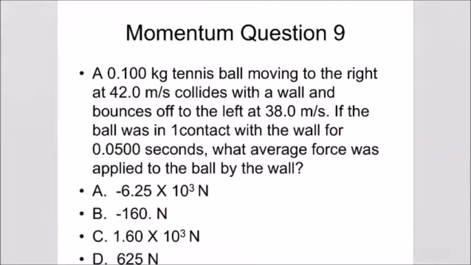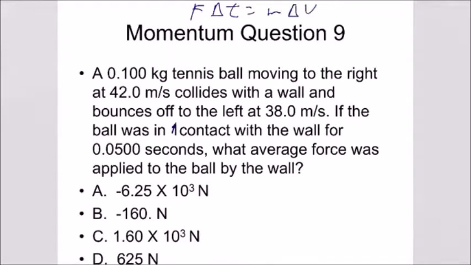Alright, again, this looks like a very similar problem. Same tennis ball, colliding the same way. But this time, if the ball was in contact with the wall for 0.05 seconds, what average force was applied to the ball by the wall? Now remember, when we're thinking about forces and momentum, we need to think about F delta t equals m delta v.